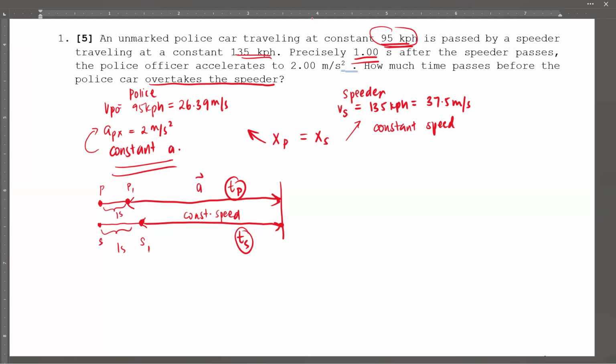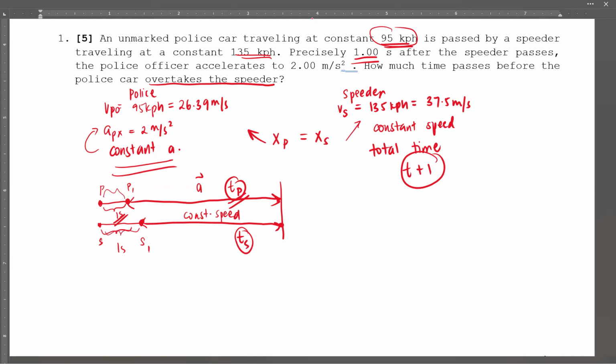Ibig sabihin, ang total time ng biyahe nilang dalawa is t plus 1 second. Kailangan natin i-note yung 1 second na additional, kasi dito may binyahe yung pulis at dito may binyahe din yung speeder natin.